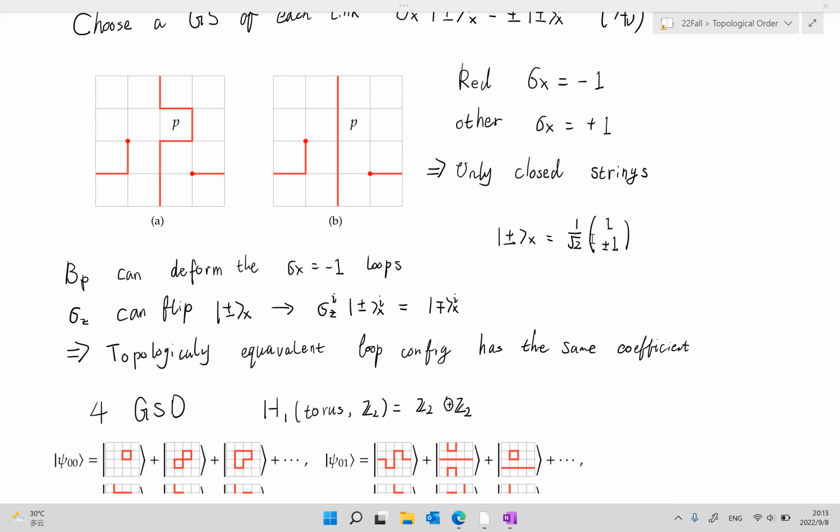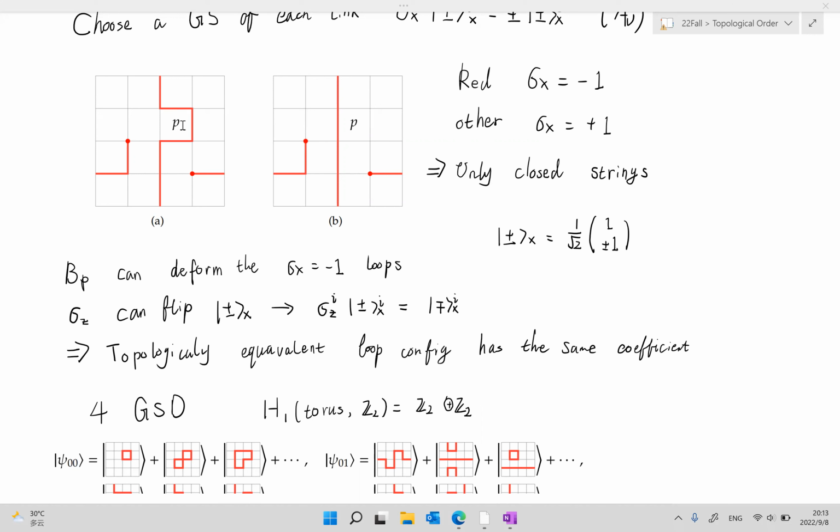What does this mean? For example, in this picture we have a plaquette with a straight red line. If we multiply by a B_P operator, every link around this plaquette will be flipped, and the red line will be deformed.